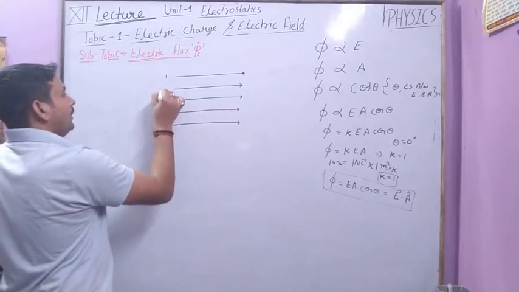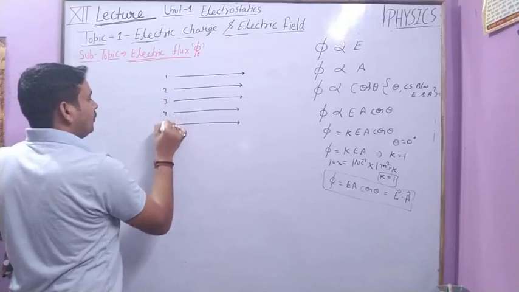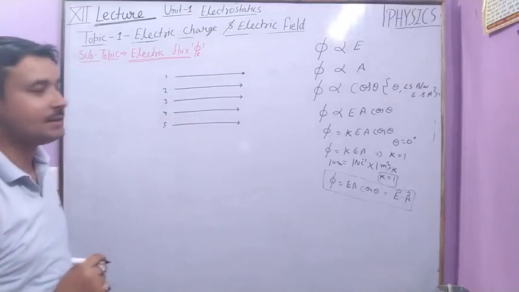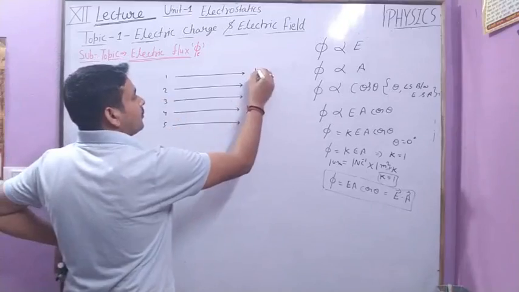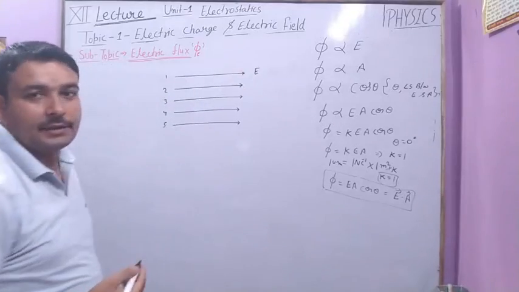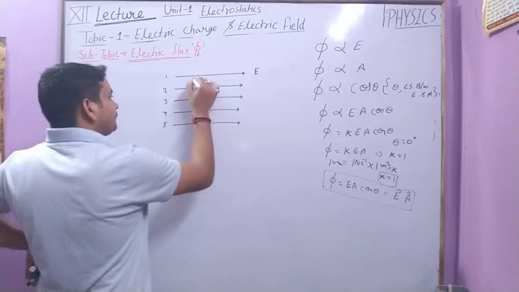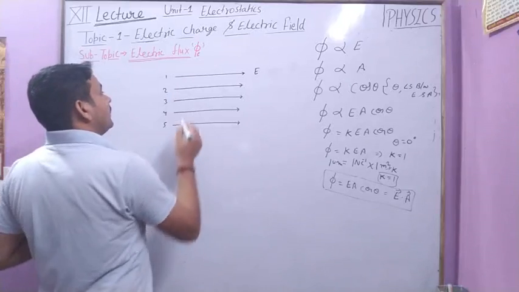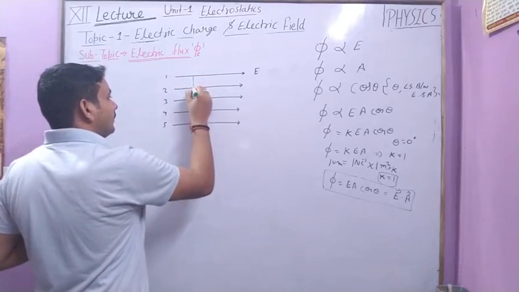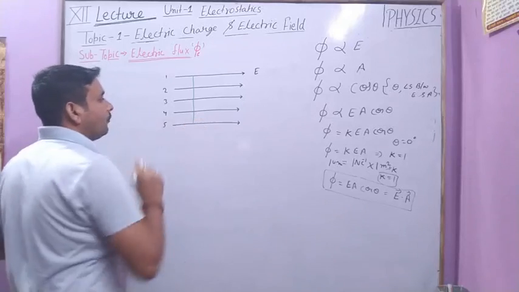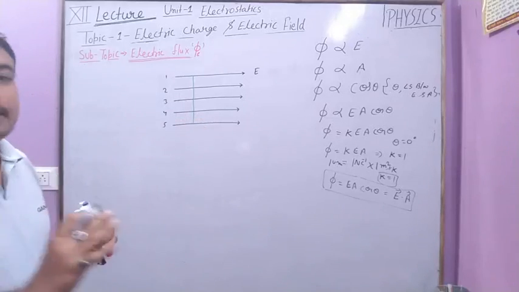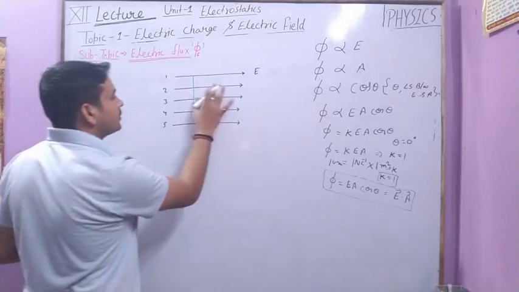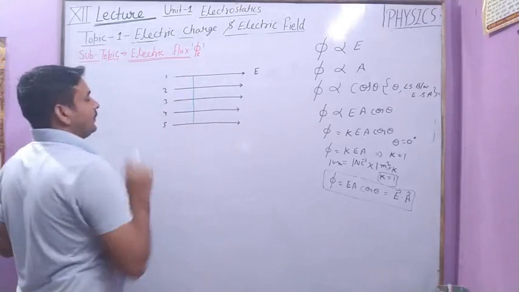Here 1, 2, 3, 4 and 5 electric field lines are crossing a particular area. Let's say the area of the surface from which all the lines are crossing.